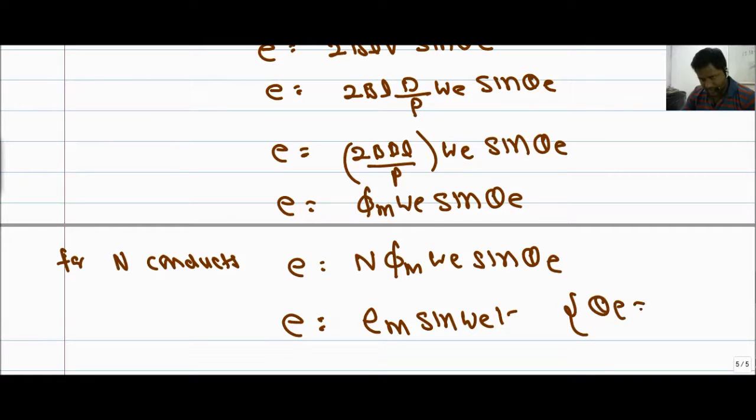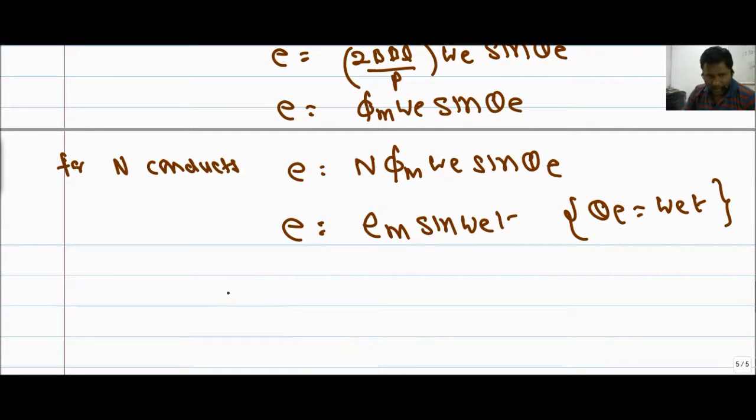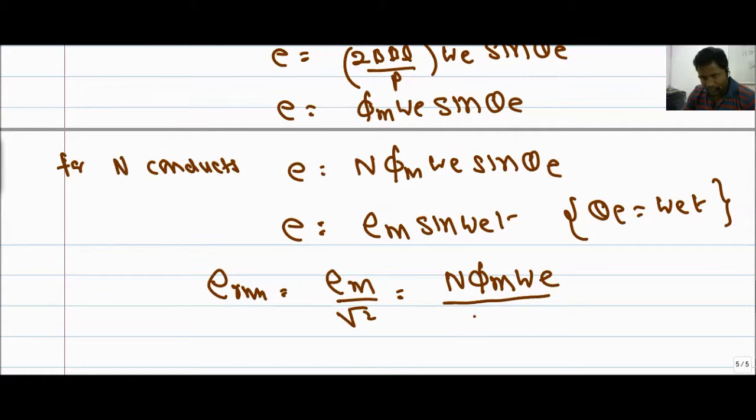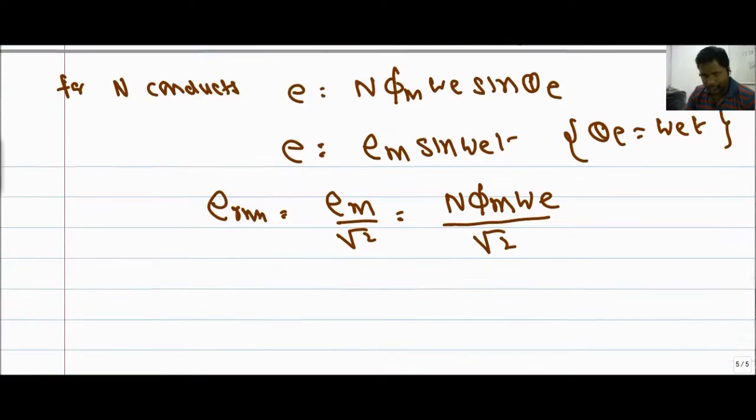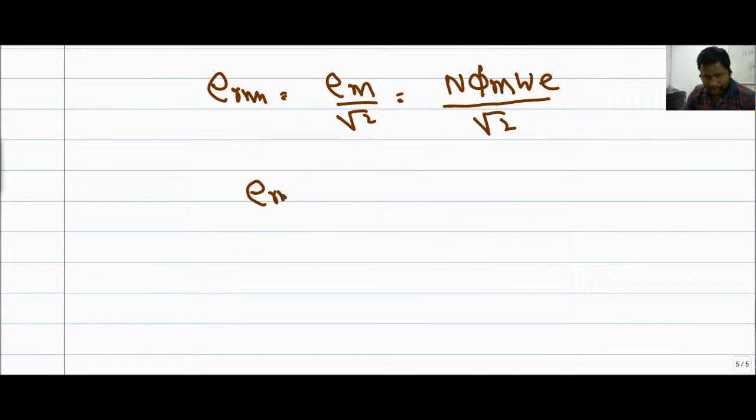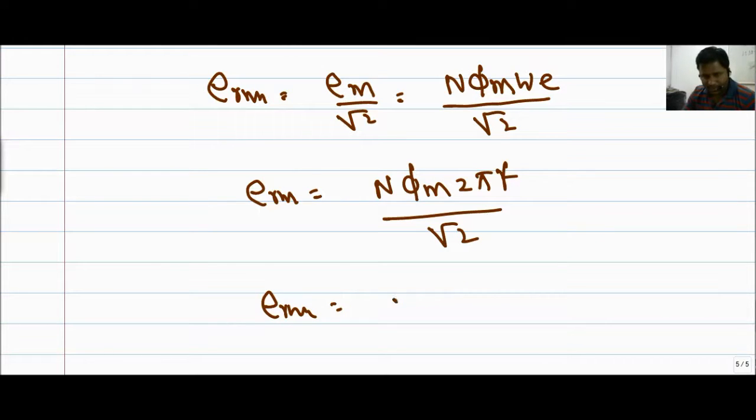Here we can say that theta e equals the RMS value given by root 2, which is N by omega e by 2. The RMS equals N by omega e by root 2. The RMS equals root 2 by N phi f.